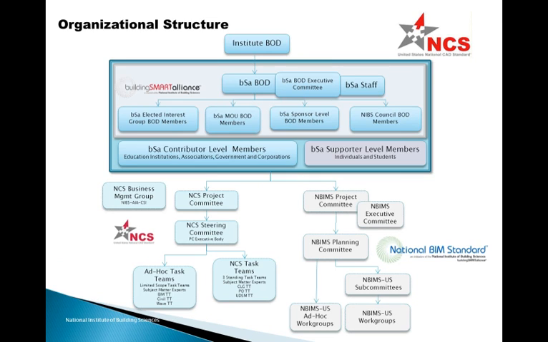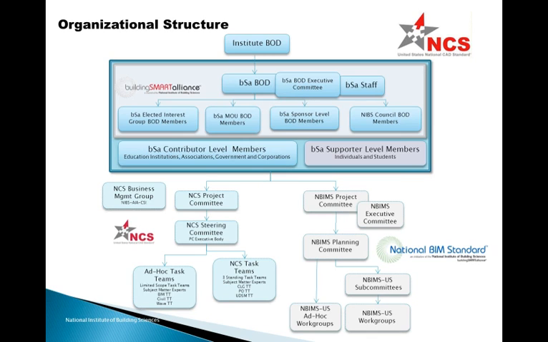The difference between task teams and ad hoc is ad hoc have very limited scope, whereas task teams in general are standing and recurring for each of the revisions. And they can be sunsetted if need be, and new ones added as needs arise.